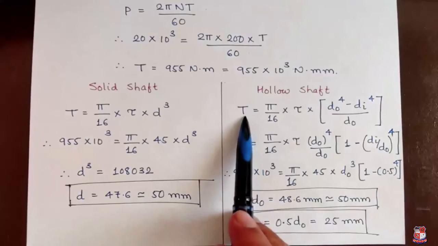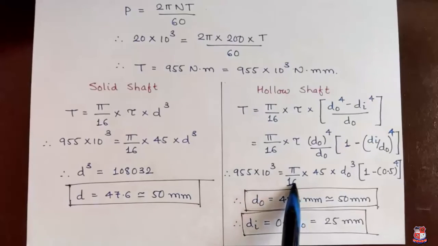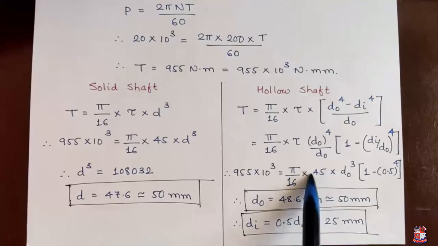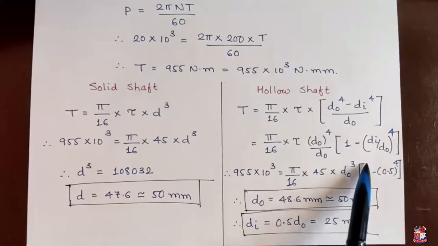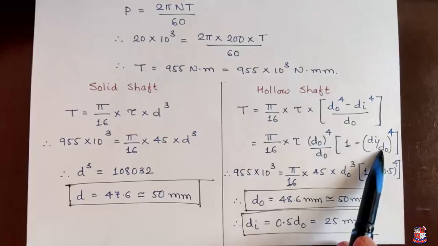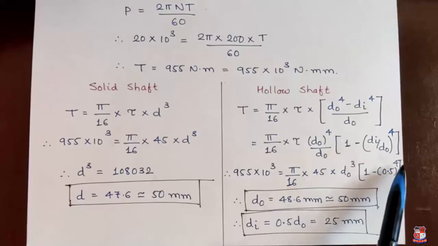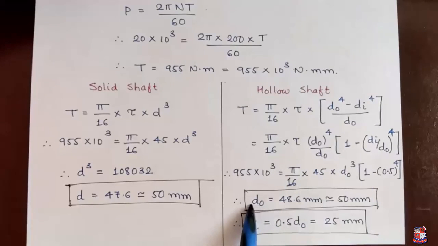So if we put the values here, torque 955 × 10³ = π/16 × permissible shear stress 45 × do³ × (1 − (di/do)⁴), where di/do is given in the data as 0.5. By solving this equation, we will get the value of outer diameter as 48.6 mm, but as per the standard size, it will be 50 mm.